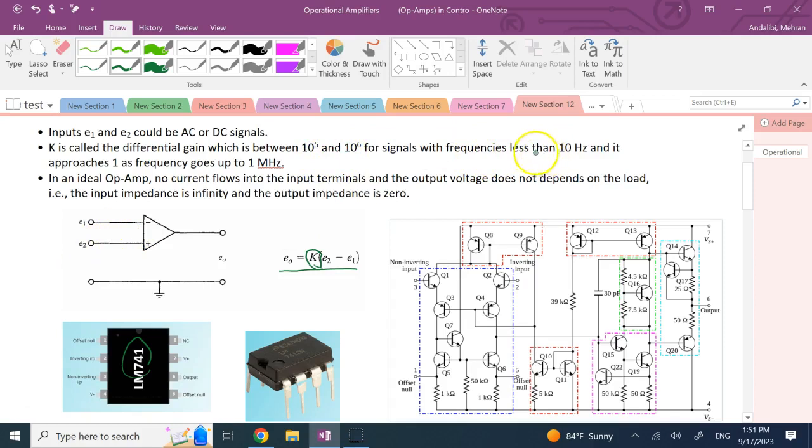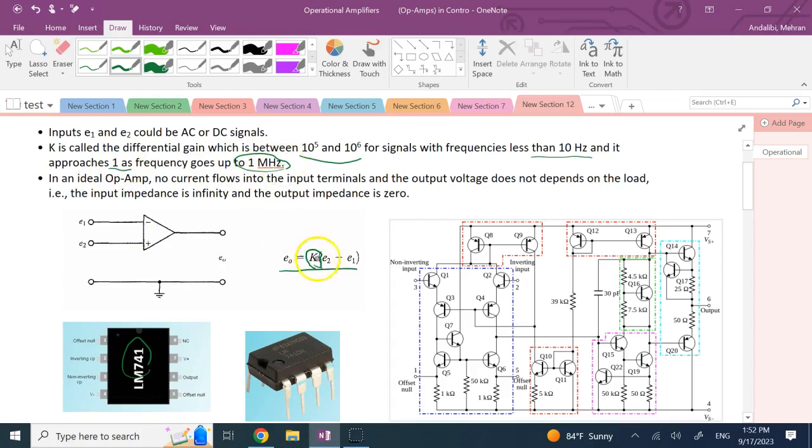If they are less than 10 hertz or so, it's typically like 100,000 to a million. It's a big gain. But as the frequency of the input signal goes up, this gain goes down and ultimately approaches unity, 1, when the frequencies are very high, up to a megahertz or so.